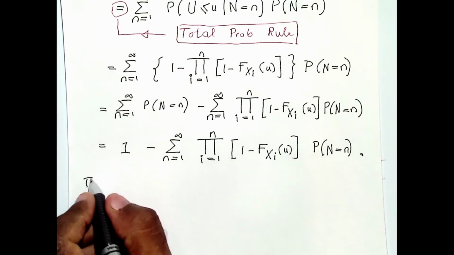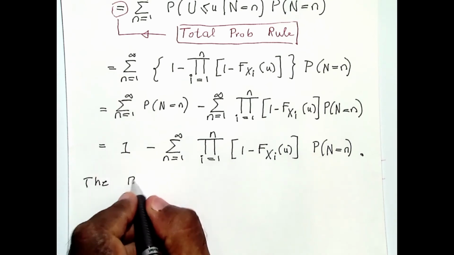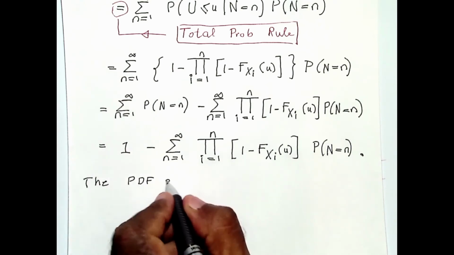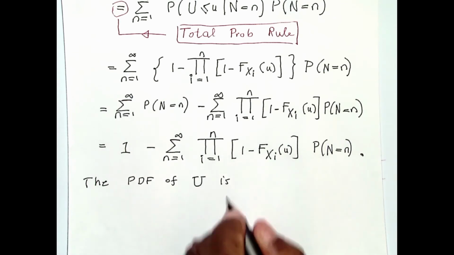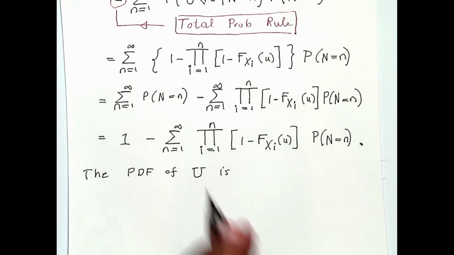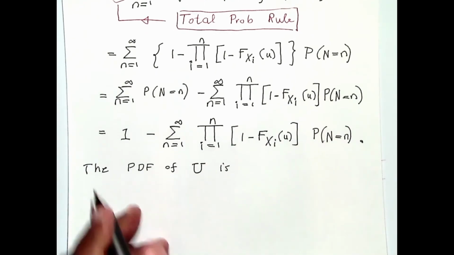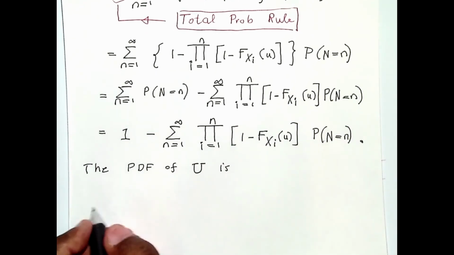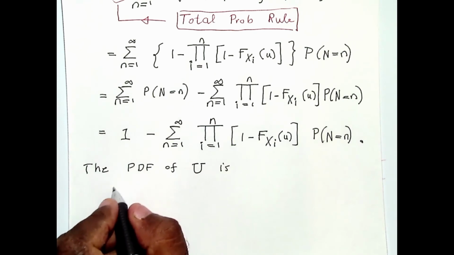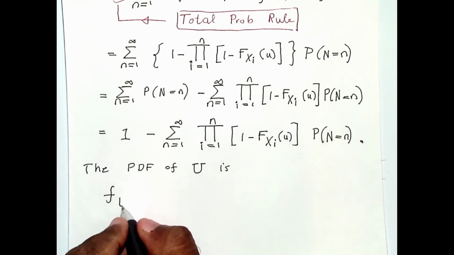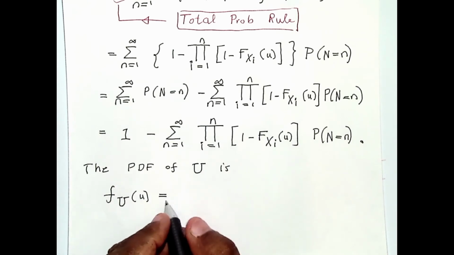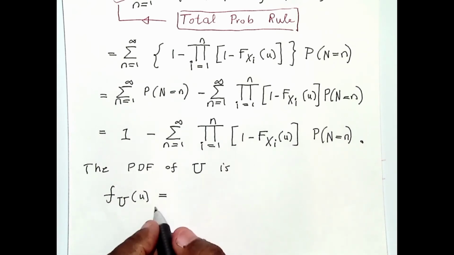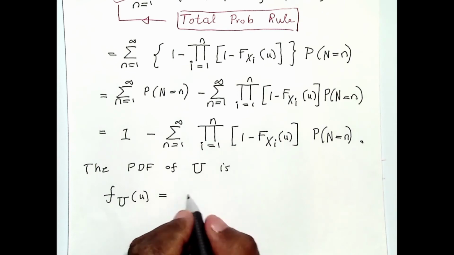Now the PDF of U: you just differentiate this with respect to u using the product rule I mentioned earlier. If you do that, you will get the following.